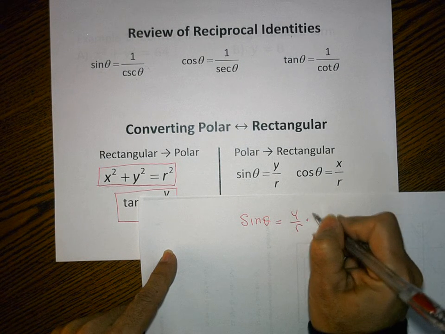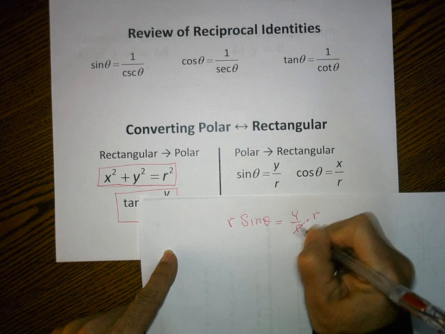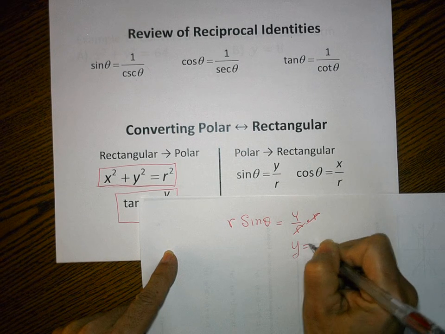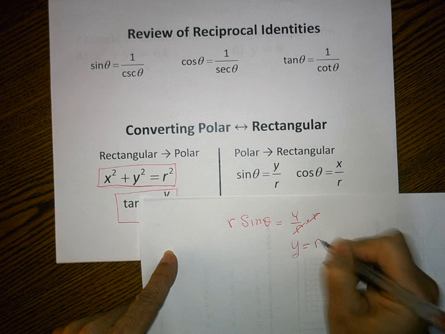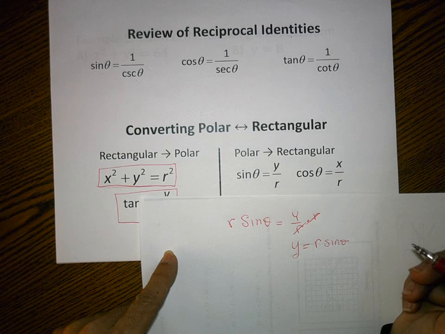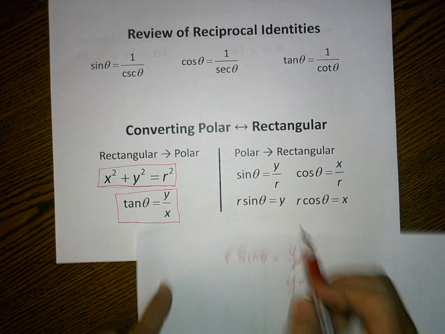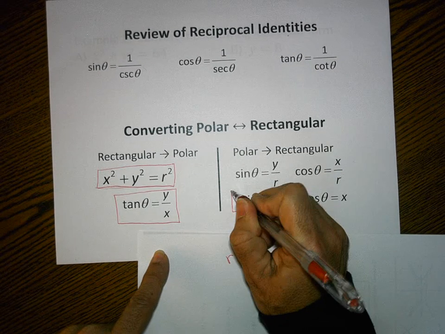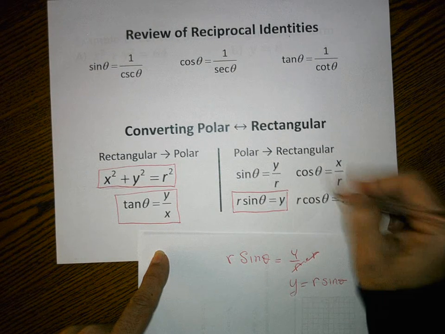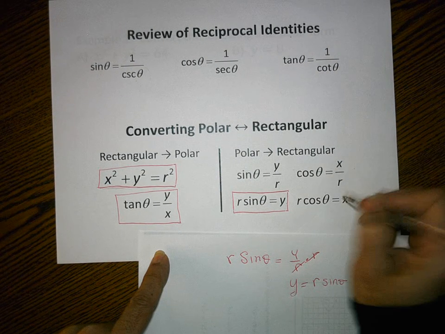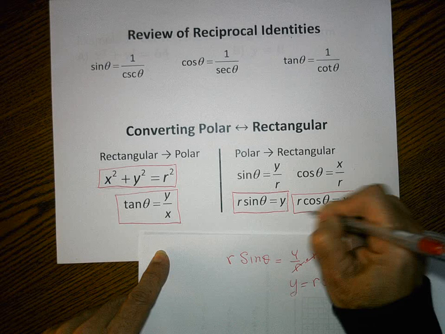I multiply both sides by r, and then over here it reduced, and I got y by itself: r times the sine of theta. Same thing here. If you multiply both sides by r, you get x by itself, and here we go.